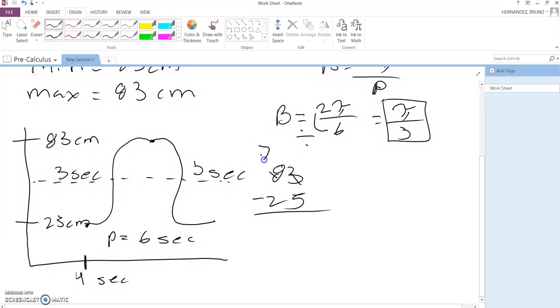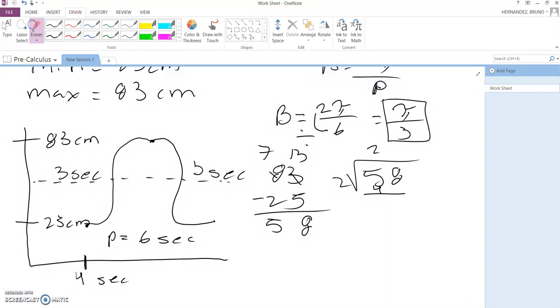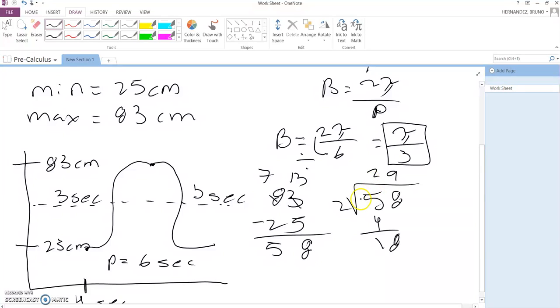When doing so, you get 58. Then you divide it by 2, and you get 29 when doing this part of the problem.